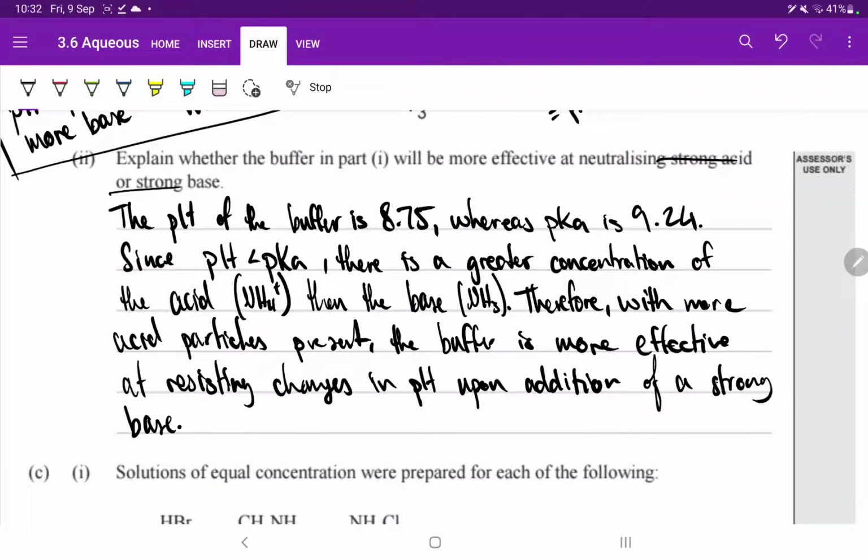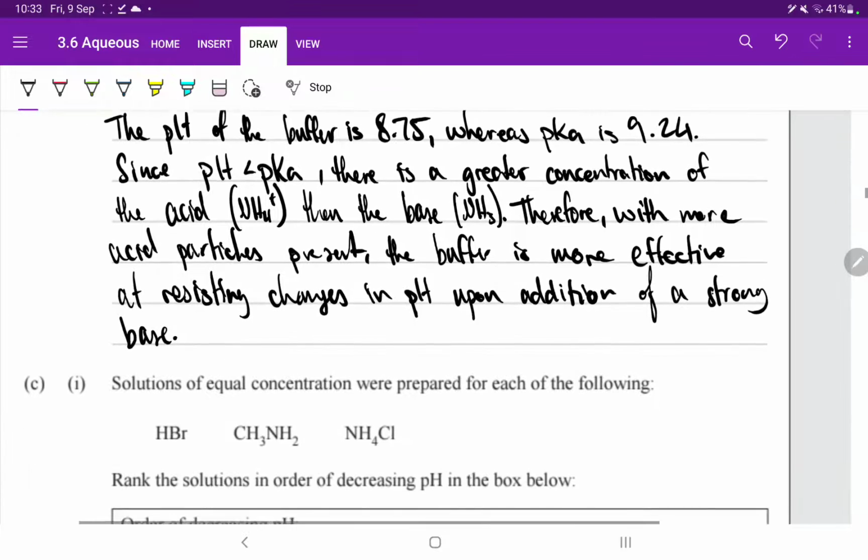And this makes sense because if we have more acid than base, then we have more acids to work with, and acids react with base, so it's going to be more effective against strong bases. So that's what you would write for that.